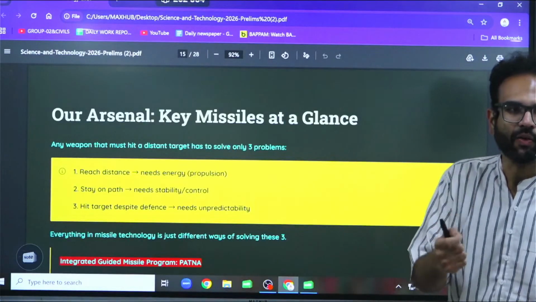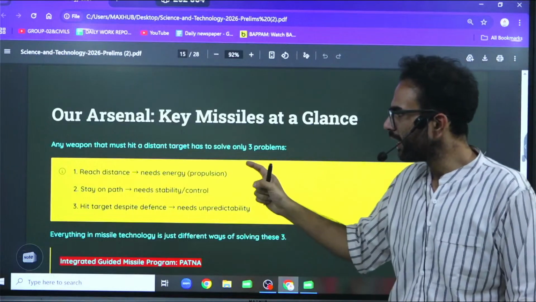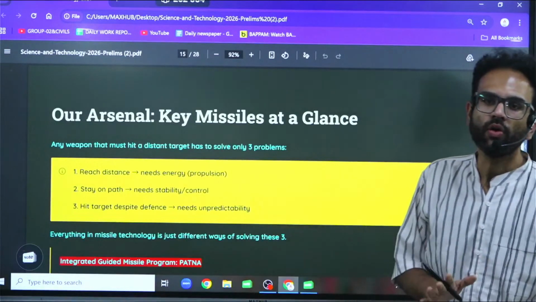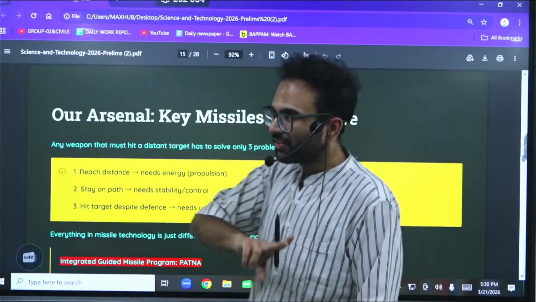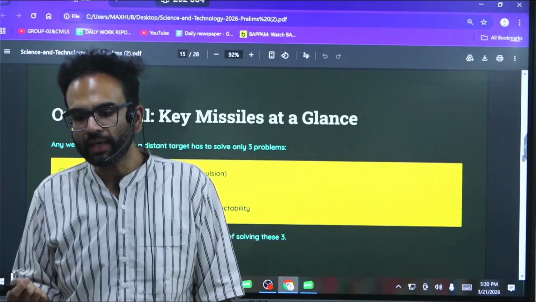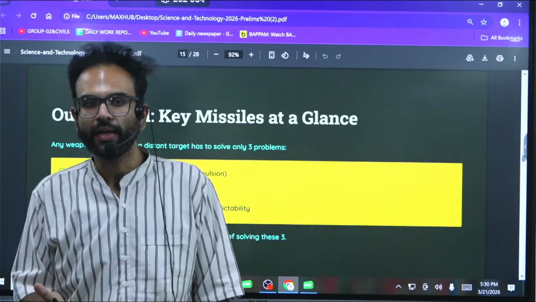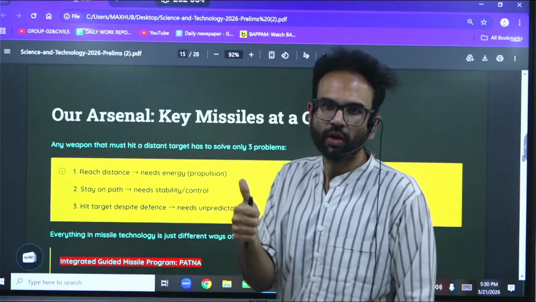If this is the requirement of a missile, what do you need to make it happen? Energy. So, if I have to travel from one place to another, and that too very quickly, what kind of technology will make it happen? This problem should be solved.